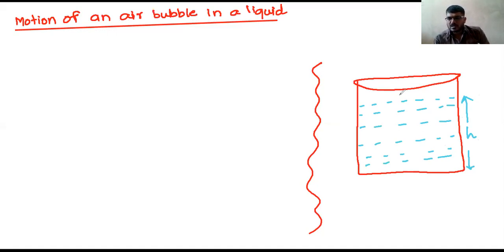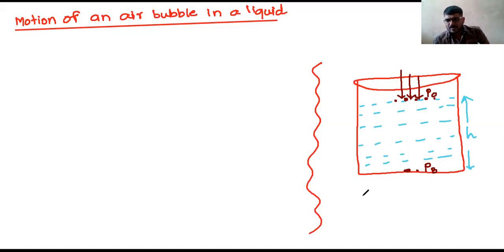Now, see here, the points on the surface and the point at the bottom have two different pressures. At the surface you will have atmospheric pressure, and as you go down the pressure will go on increasing. Let us assume that this is pressure PB.